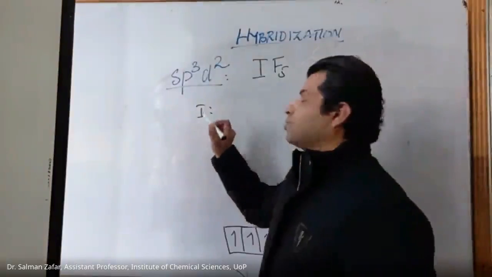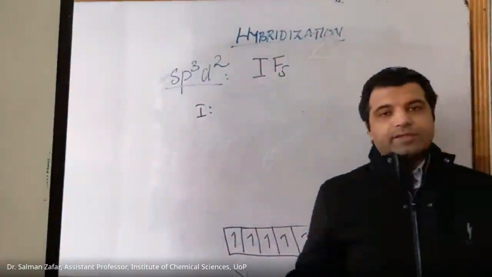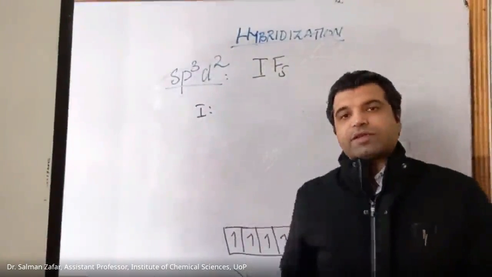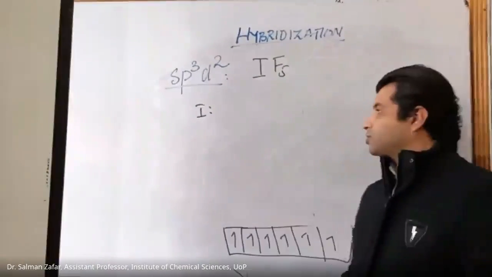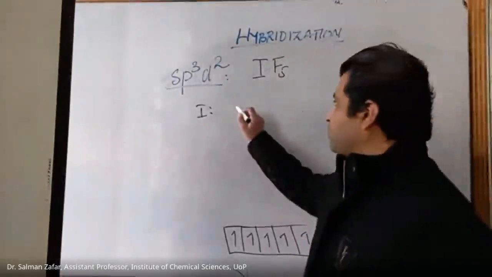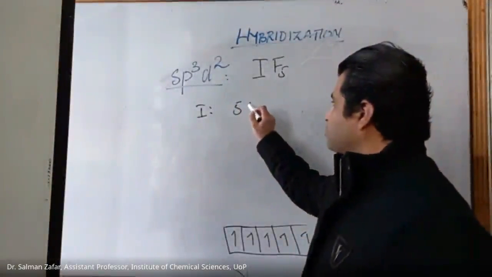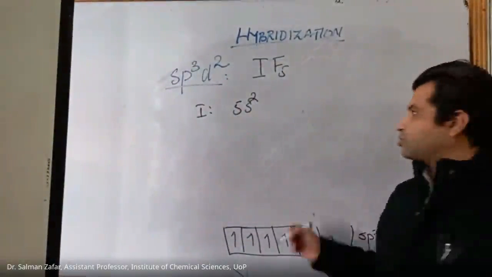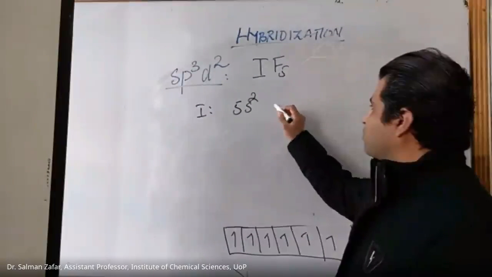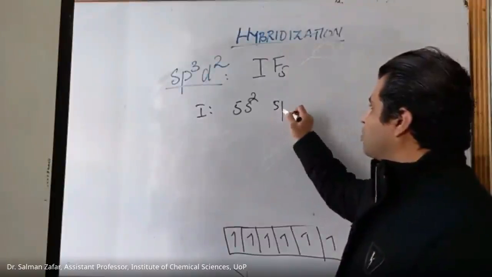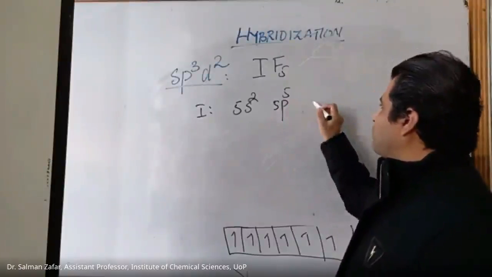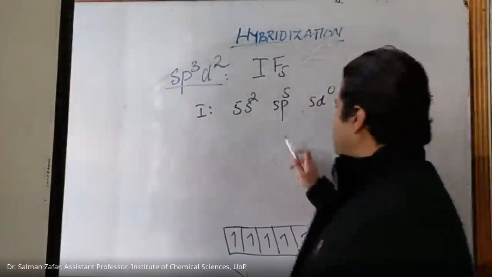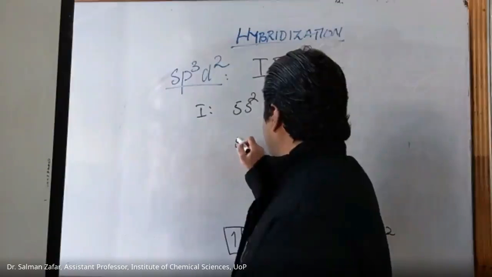Iodine, we know it belongs to the 7th group, and in the 7th group, the elements have 7 electrons in the outermost shell. So it is in the 5th row, and the outermost shell electronic configuration would be 5s2, 5p5, and 5d0. Let's see what happens.